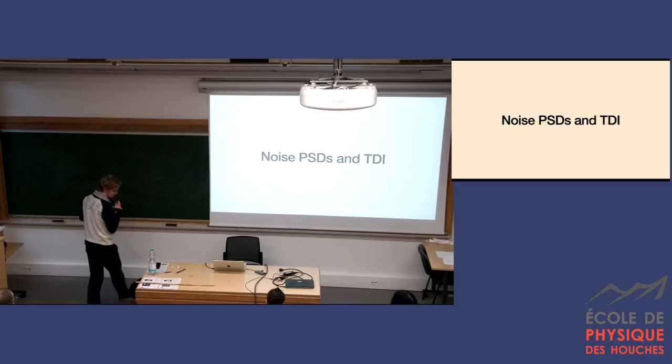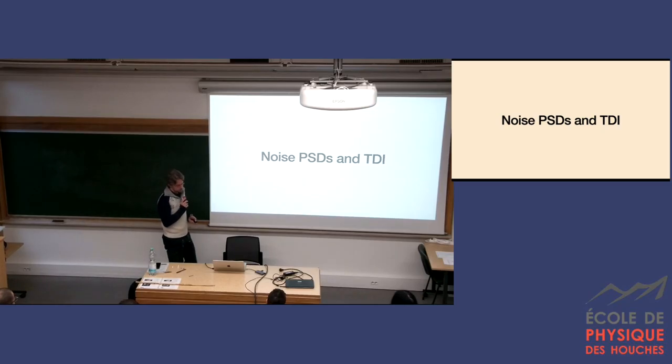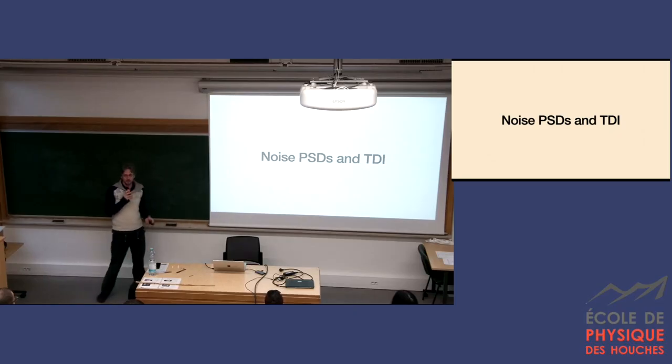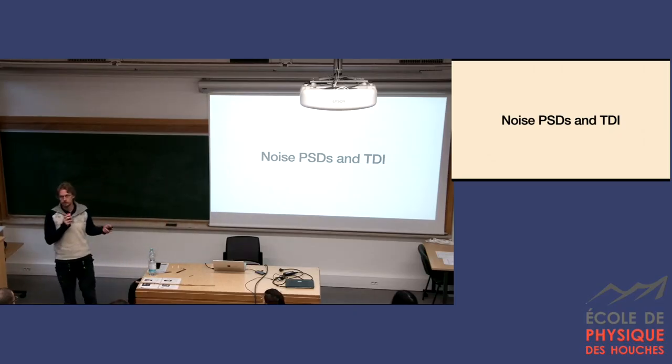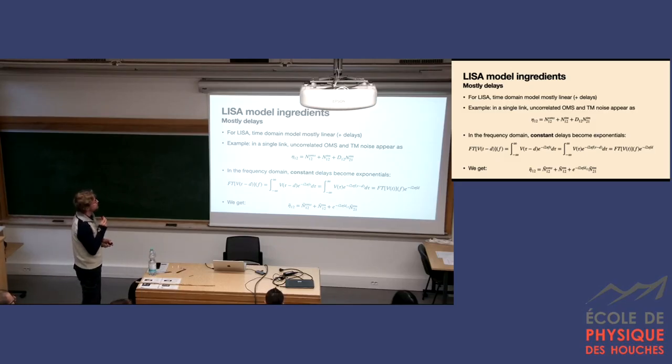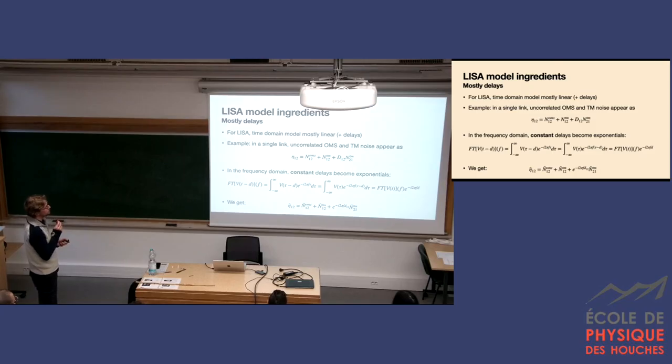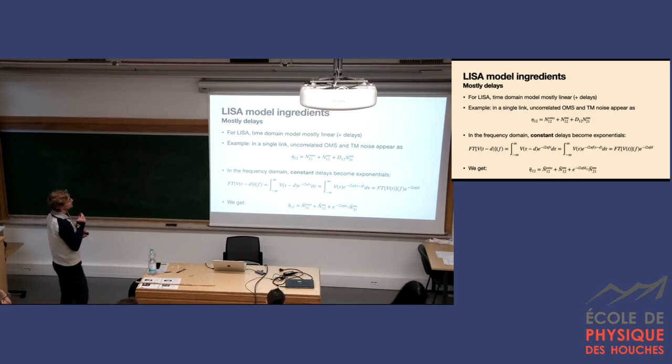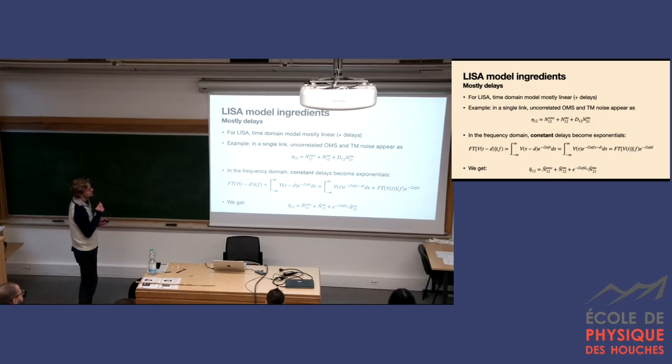So now I want to speak a little bit about how noise PSDs propagate through TDI, so how you come from a PSD at the input to a PSD at the output. For this, I look at a very simple example, which is again our single link with uncorrelated OMS noise and uncorrelated test mass noise, which appear in this single link in a very simple shape: you have the time series of your OMS noise, the time series of the local test mass, and the time series of the test mass on the other side of the link with a delay.